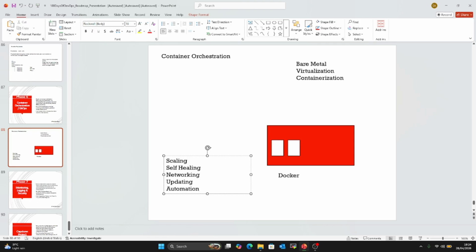So there is not much automation when it comes to containers alone, right? And this is what container orchestration has come to solve. These challenges are what container orchestration has come to solve. Issues like self-healing, auto-scaling, networking, automatic deployment, load balancing. These are things that container orchestration came to solve.